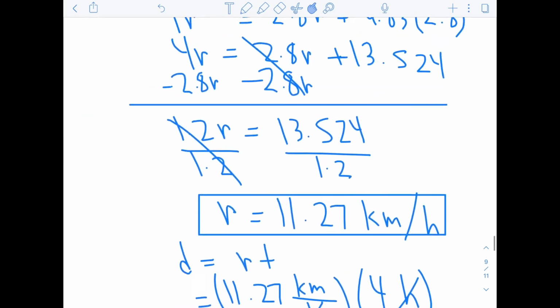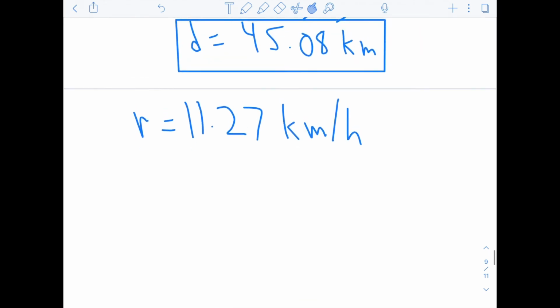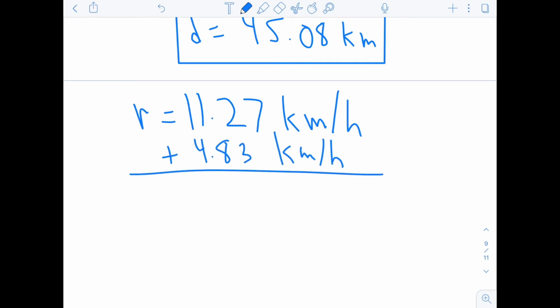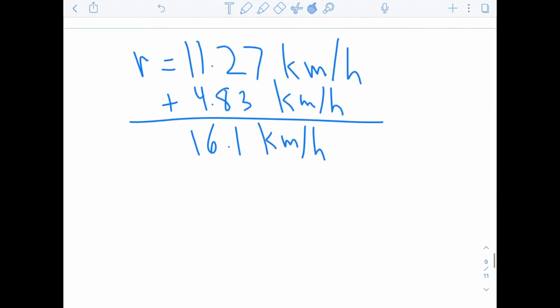So we know that the rate downstream is 4.83 kilometers per hour faster because of the current. So let's add 4.83 to this. And that's going to equal 16.1 kilometers per hour. And we know that the time is 2.8 hours downstream.